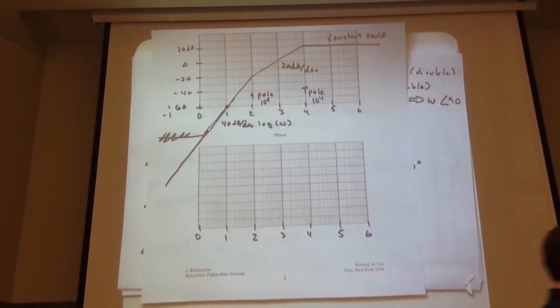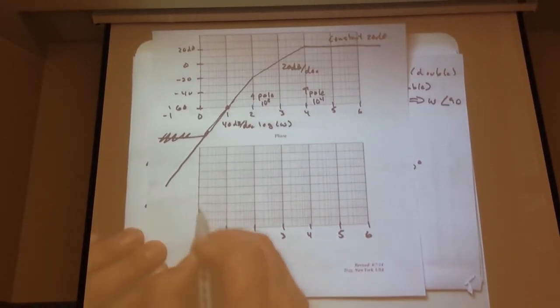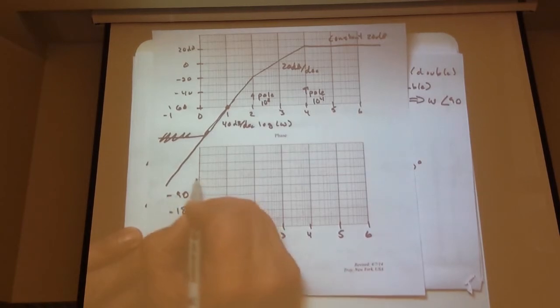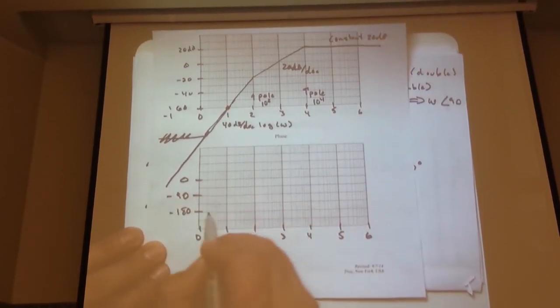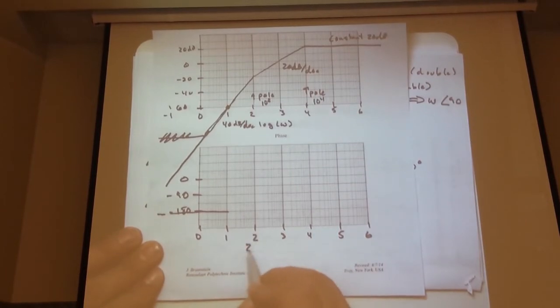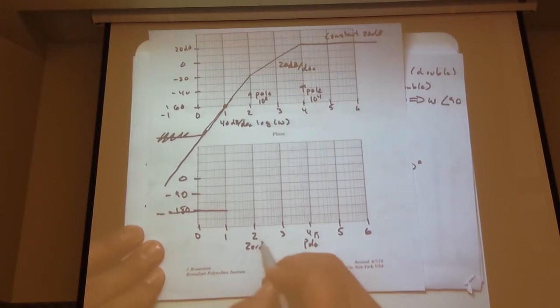Maybe I didn't emphasize this enough, but that's on either side of the 0 or pole. Half on the left, half on the right. So we're at minus 180, minus 90, 0. We start off at 180. There's our 0. There's our pole. That's a double.